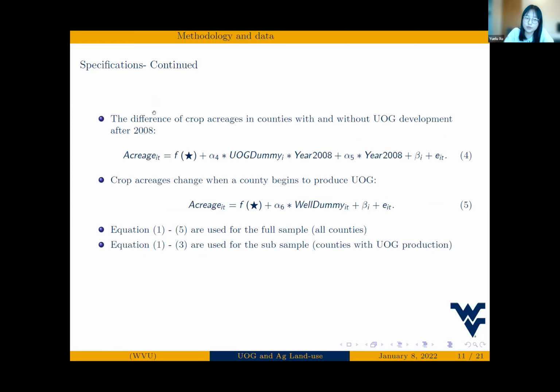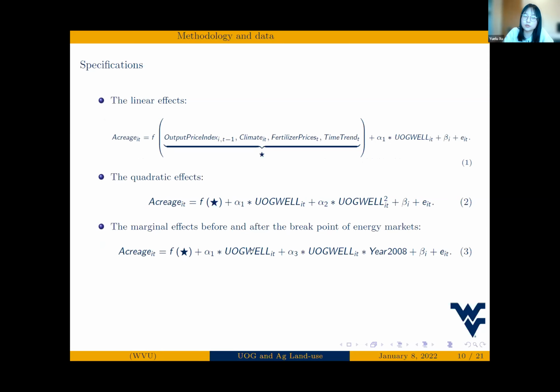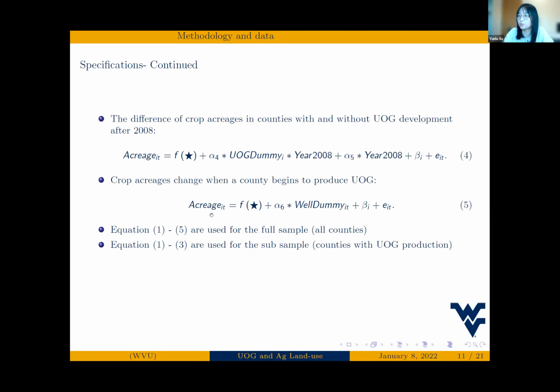The fourth specification examines the difference in crop acreage in counties with and without UOG after 2008. And the last one investigates how crop acreage changes when a county begins to produce UOG. In addition to using the full sample of counties, we also estimate equations 1 to 3 using the subsample of only the counties with UOG production.